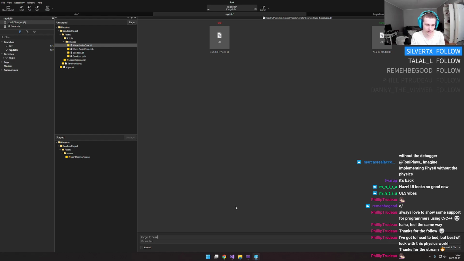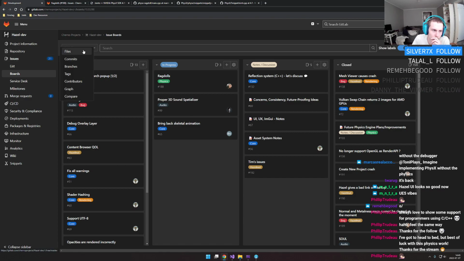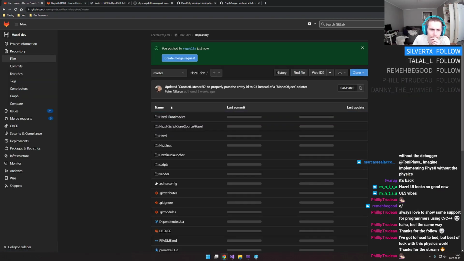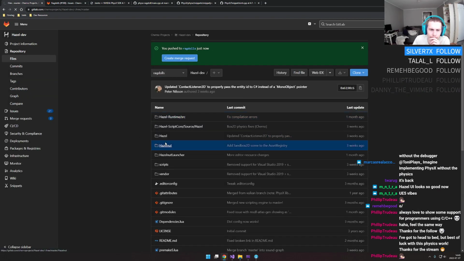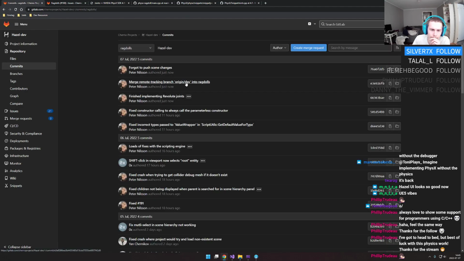Forgot to push scene pages. Whoa, that zoomed in. Cool.